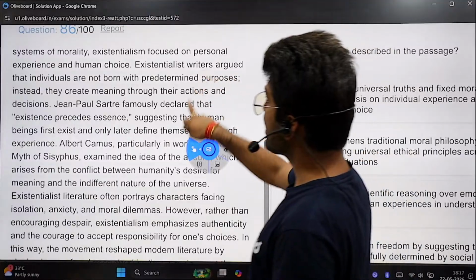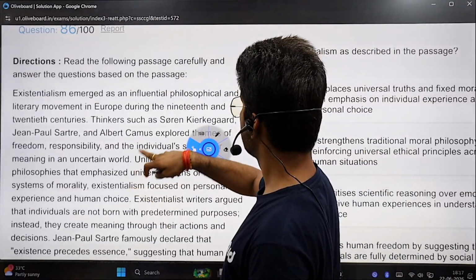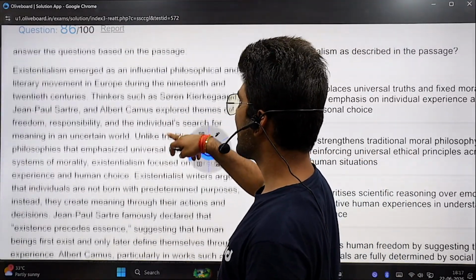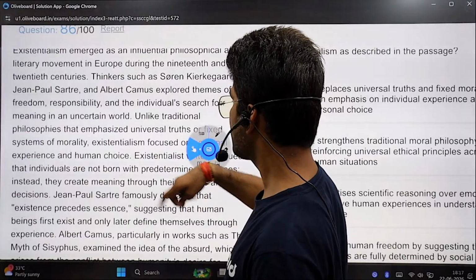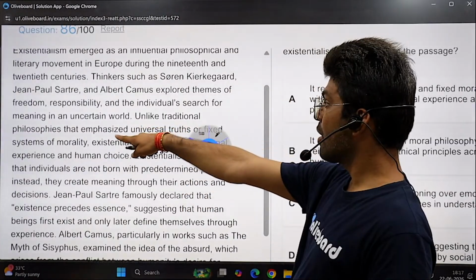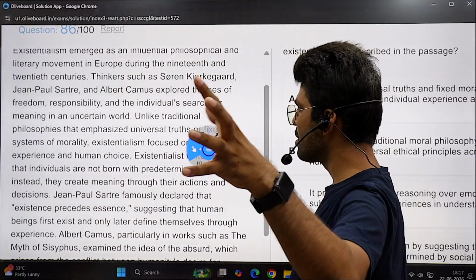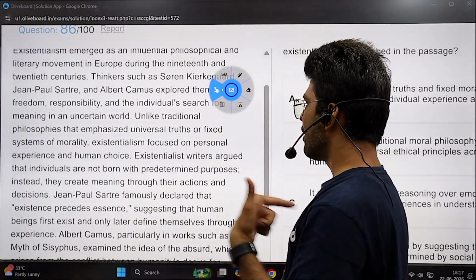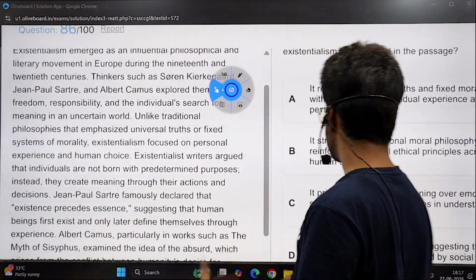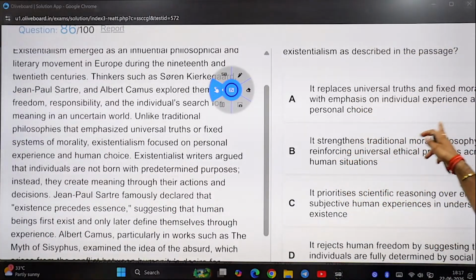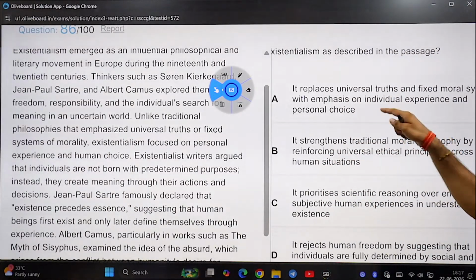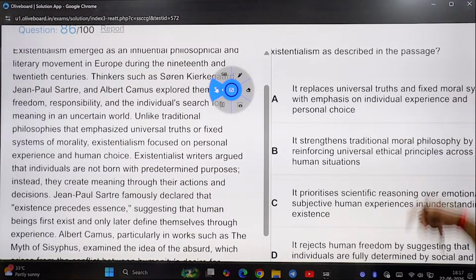Focused on personal experience and human choice. They have said that a number of times. Unlike the traditional philosophies that emphasized universal truths and fixed systems, it focused on personal experience and human choice. The best choice: replacing universal truths and fixed moral systems with emphasis on individual experience and personal choice.